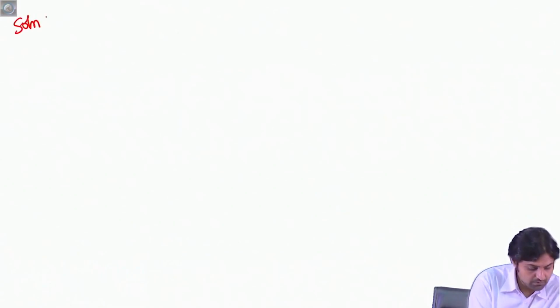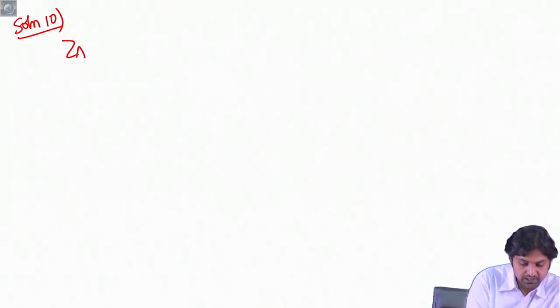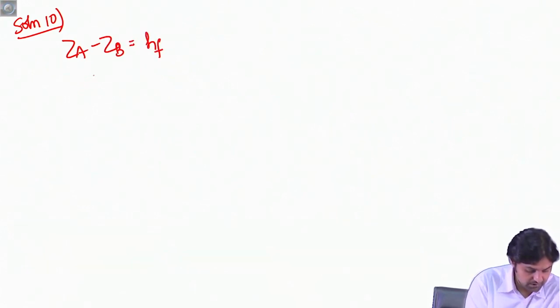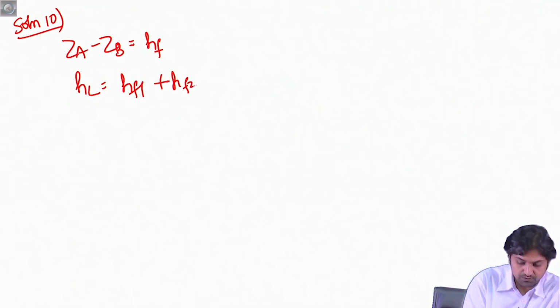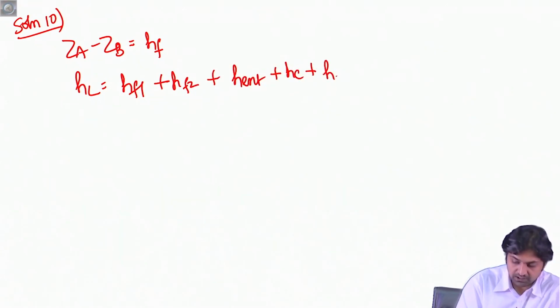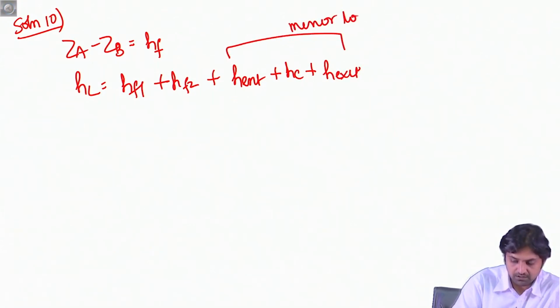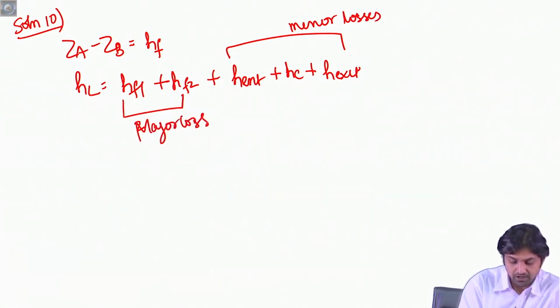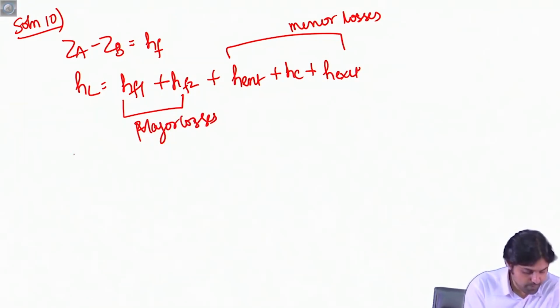Solution number 10: ZA minus ZB is equal to HF, and this total HF or HL will be HF1 plus HF2 plus H entrance plus HC plus H exit. The three minor losses and the two major losses. HF1 means major loss in pipe 1, HF2 major loss in pipe 2. Okay.